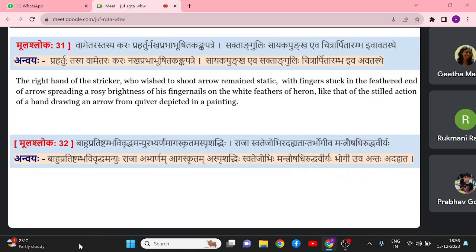Just imagine, first of all, he is a great, great king, and we have heard many Visheshanas telling the might of that king. But now he committed a mistake, and the lion has attacked. Not a mistake, but he just missed for one second, and the lion has attacked. So he has that humiliation in him, that anger in him. Now, to his utter surprise, his hands are stuck. So imagine the plight of that king.